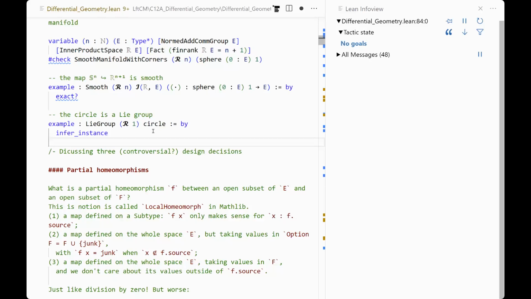So another choice is f is a function on all of H, but I add an additional point in M and say, well, everything outside of the source of f is sent to this extra point of M. And similar for f inverse, everything outside is sent to a particular point added to H. That has the advantage that at least the functions are total.